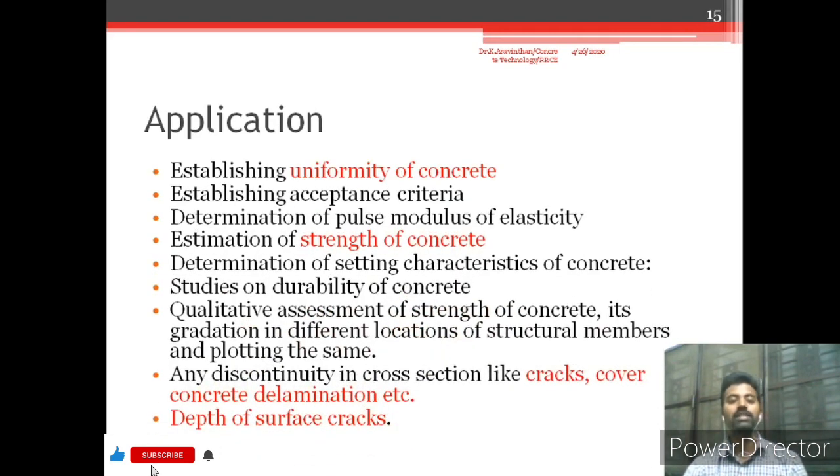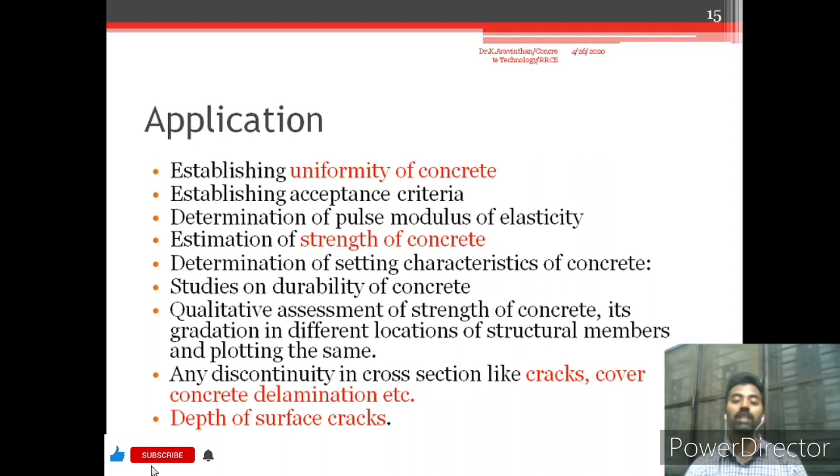These are the applications for conducting the ultrasonic pulse velocity test. You can identify uniformity of a concrete, strength of a concrete, and durability aspects. You can identify the dynamic modulus of elasticity, and also cracks and cover of a concrete.